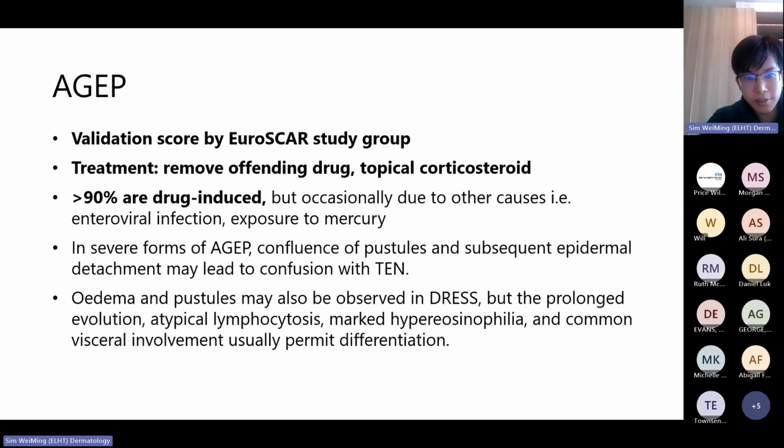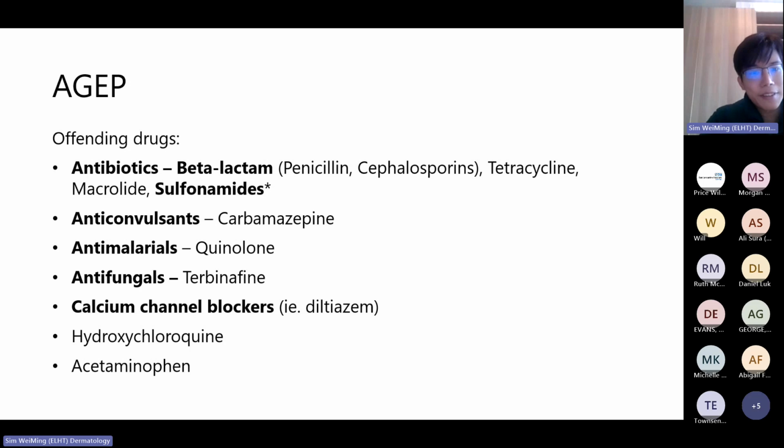There is a validation score. I'm not going to go through it. Treatment, again, is the same with all drug reactions. The number one thing is to stop the offending drug. And in AGEP's case, more than 90% are drug-induced. I won't hold your time too much, so I'm just going to skip. So the offending drugs, again, are antibiotics, anticonvulsants, antimalarials, antifungals, calcium channel blockers.